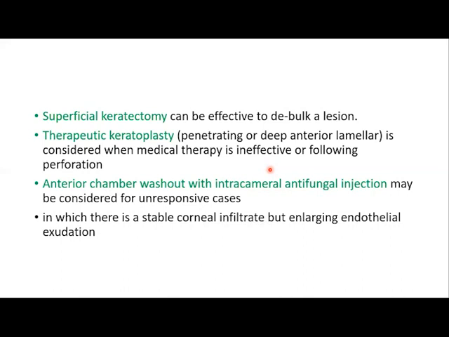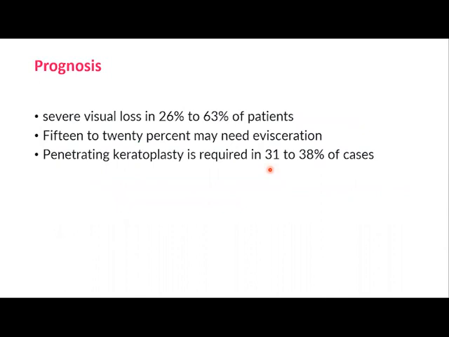Anterior chamber washout with intracameral antifungal injection is considered for unresponsive cases in which there is a stable corneal infiltrate but enlarging endothelial exudates. Prognosis: severe visual loss occurs in 26% to 63% of patients with fungal corneal ulcer, 15 to 20% may need evisceration, and penetrating keratoplasty is required in 31 to 38% of cases.